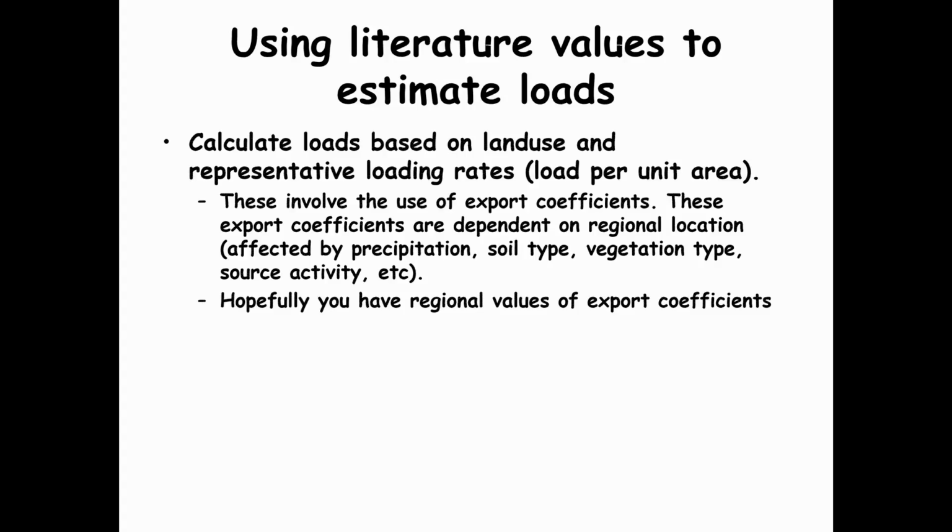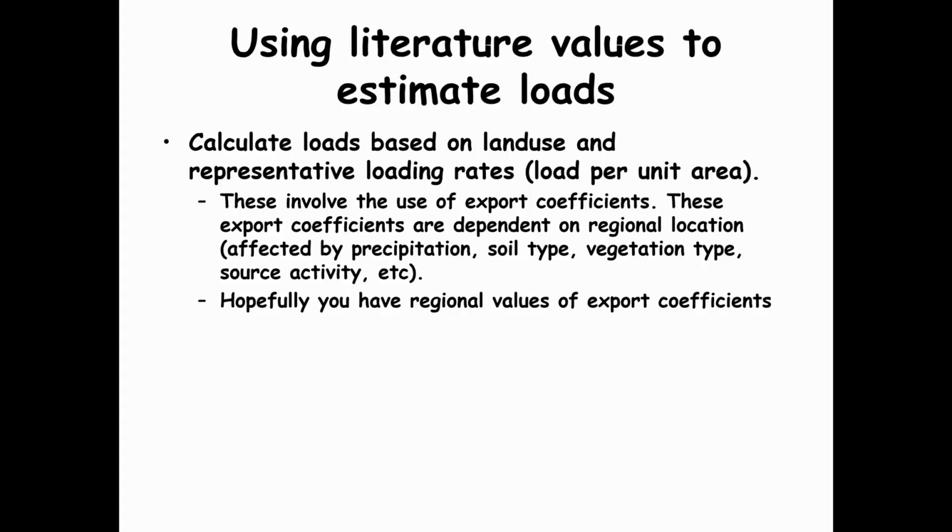The last of the Category 1 assessment methods is to use literature values to estimate loads. So here you would calculate load coming from a watershed based on land use and some representation of what load rates, load per unit area, would be.